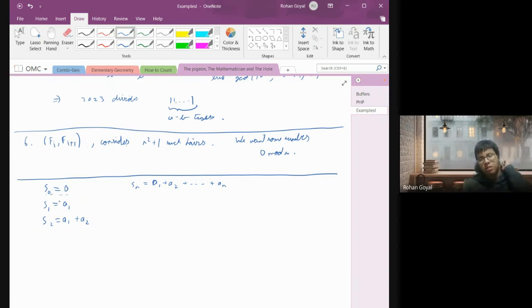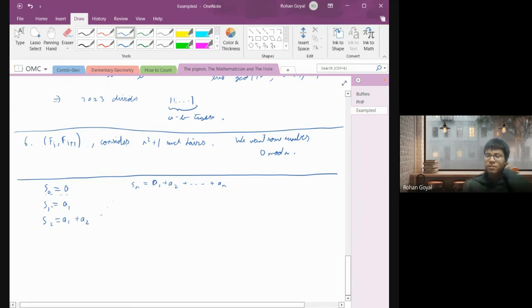Good. Okay. Thank you. So I'll just tell his argument. What he did is, now you'll see why I added S0 for convenience. By pigeonhole principle, these are n plus 1 numbers. So two of them have the same remainder mod n. Let's say Si and Sj with i greater than j have the same remainder.